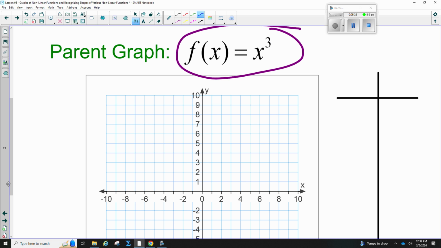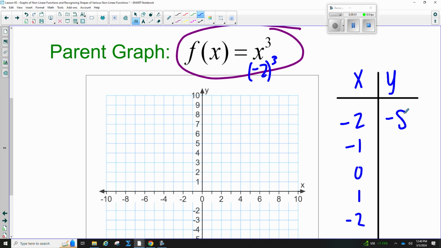So for x cubed, same x's, let's plug in the same things that I just plugged in for the other one. Okay, -2, -1, 0, 1, and 2. If I plug in -2, what is -2 cubed? It is -8, because it's -2 times -2 times -2. All right, -8.